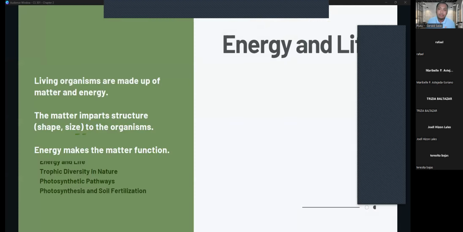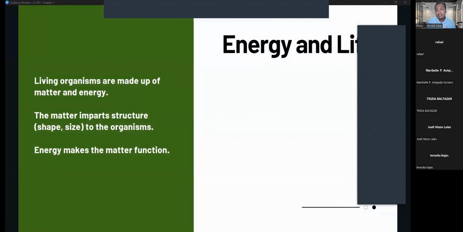Okay, so let's start. Living organisms are made up of matter and energy. This is very basic. The matter imparts the structure, in terms of shape and size, to the organisms. And the matter itself exists in three common states: the solid, the liquid, and the gas.